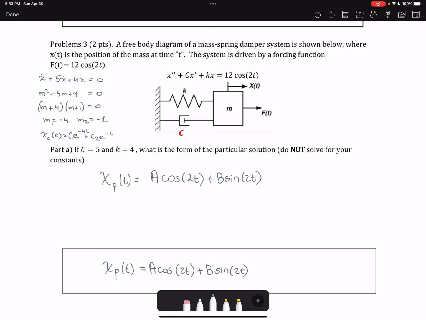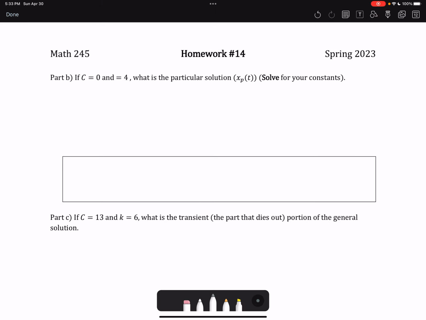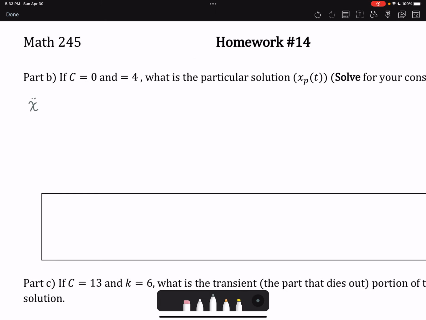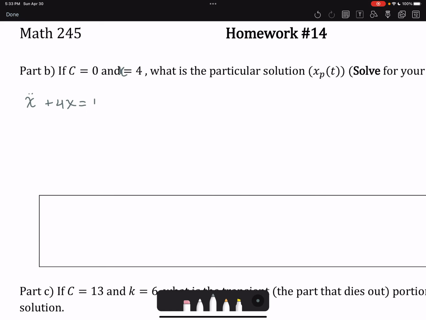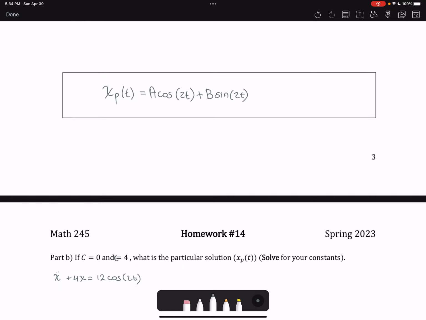So we're just going to have x double prime plus k, which is 4, times x equals the forcing term. Well, we said 12 times the cosine of 2t was what we had before, right? 12 times the cosine of 2t.